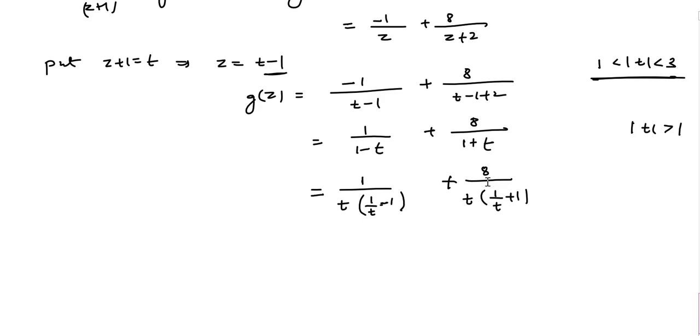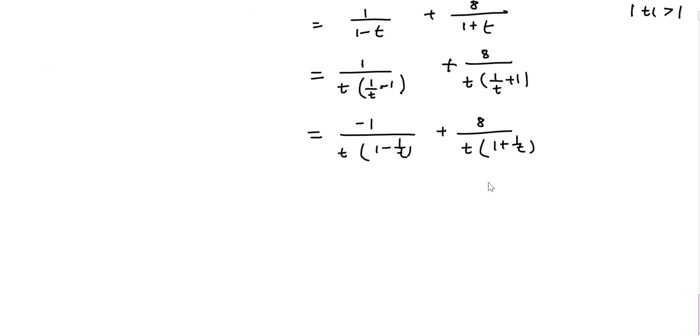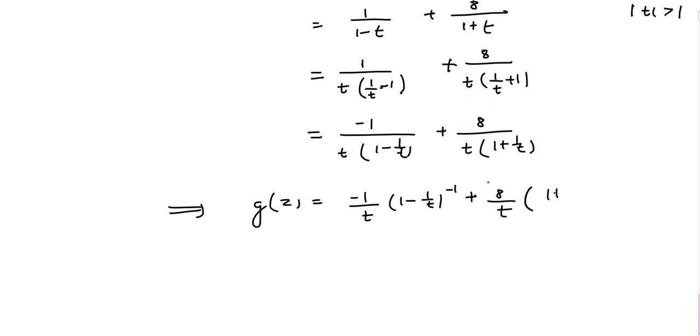So write in the standard form, that is 1 upon t, take the negative outside, negative 1 upon 1 negative 1 by t, plus 8 by t, 1 plus 1 by t. So finally we can write g of z as negative 1 by t, 1 negative 1 by t inverse, plus 8 by t, 1 plus 1 by t inverse.